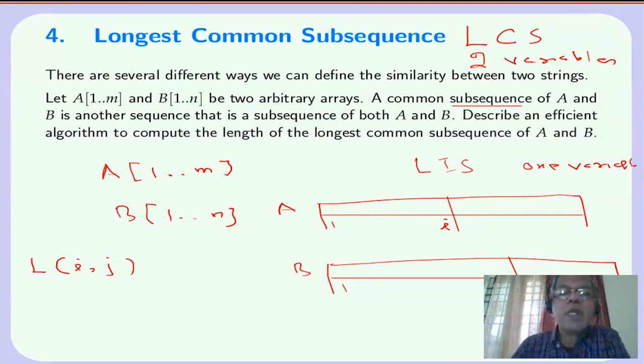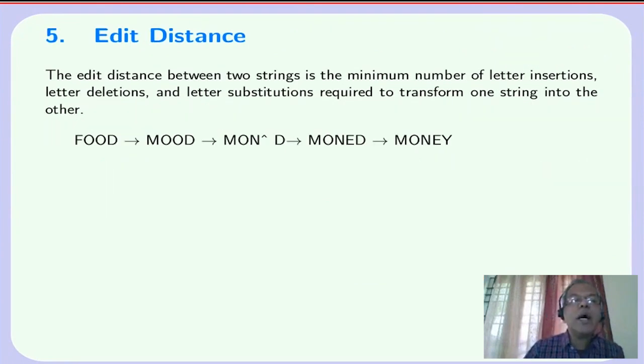We have already found the common subsequence. Find out the common subsequence between i to m, j plus 1 to n, something like that. That's one homework.